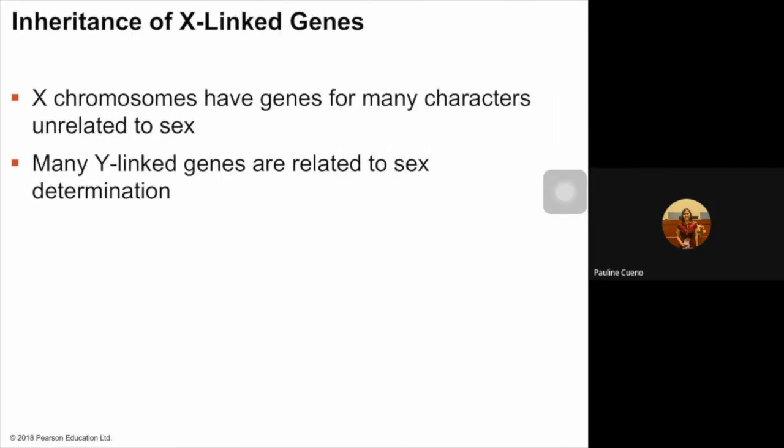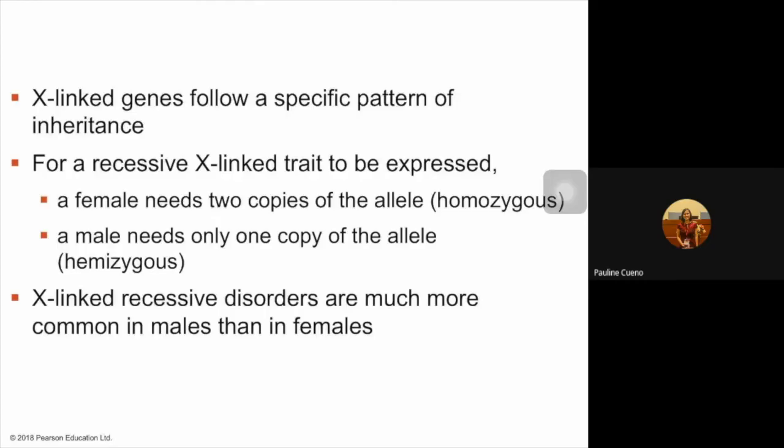So X-linked genes follow a specific pattern of inheritance. Kagaya last week, meron tayong recessively inherited disorders at saka dominantly inherited disorders. So in X-linked inheritance, there are also X-linked recessive inheritance and X-linked dominant inheritance. So for a recessive X-linked trait to be expressed, kailangan a female needs 2 copies of the allele.